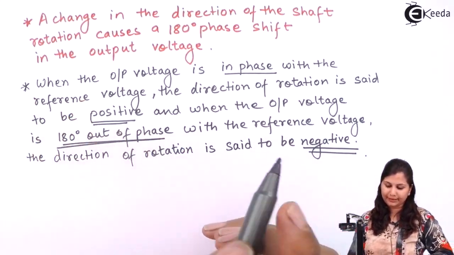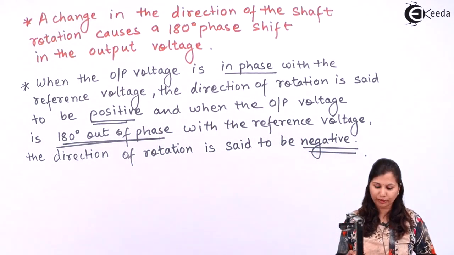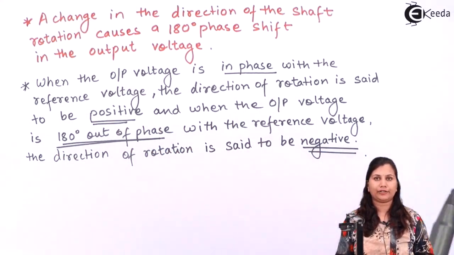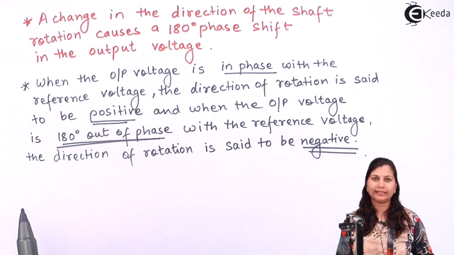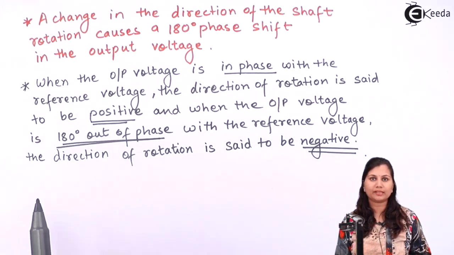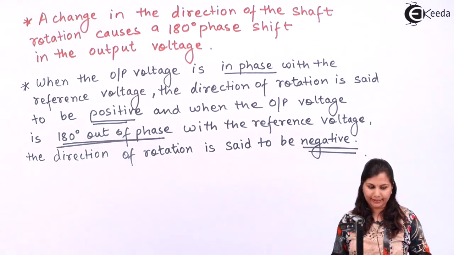So keep in mind that when the output voltage is in the same phase with the reference voltage, you have to take the direction of rotation as positive, and when it is 180 degrees out of phase, the direction of rotation has to be taken as negative.